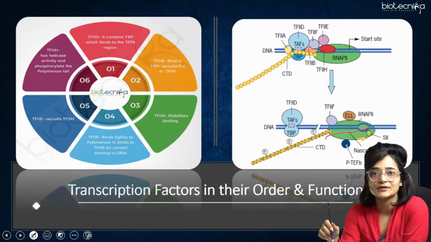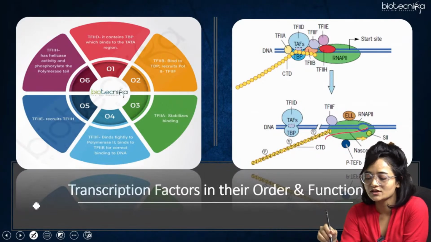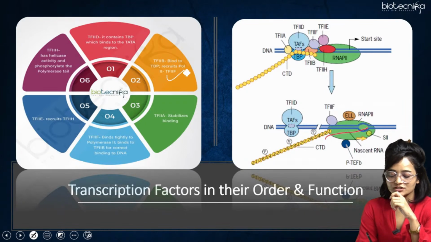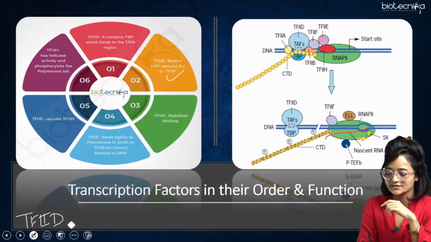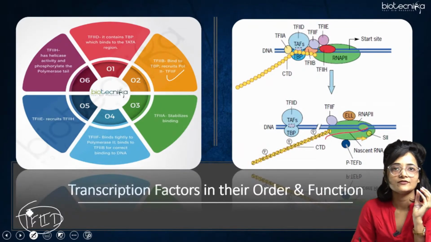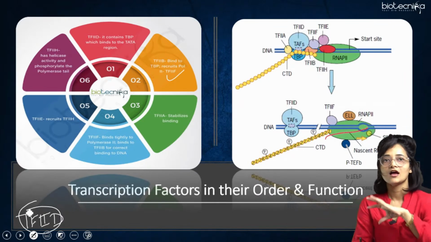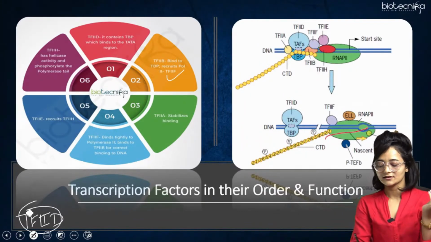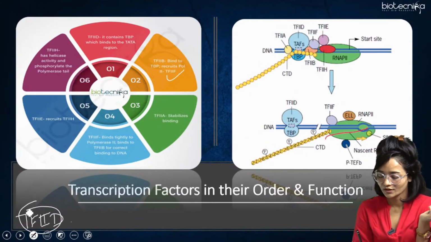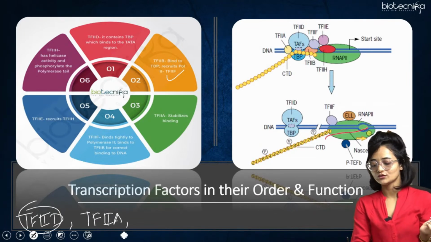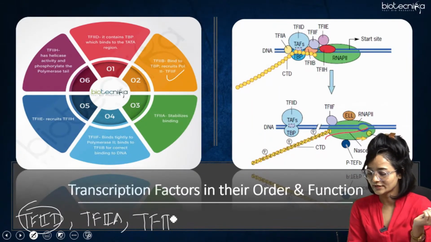Then comes TF2B, which binds to the TBP and recruits Pol 2. So the order that I told was, first of all, TF2D will come, which consists of the TBP. This TBP will first bind to the TATA box. After TF2D has bound to the TATA box, comes the recruitment of TF2A. After TF2A comes TF2B.